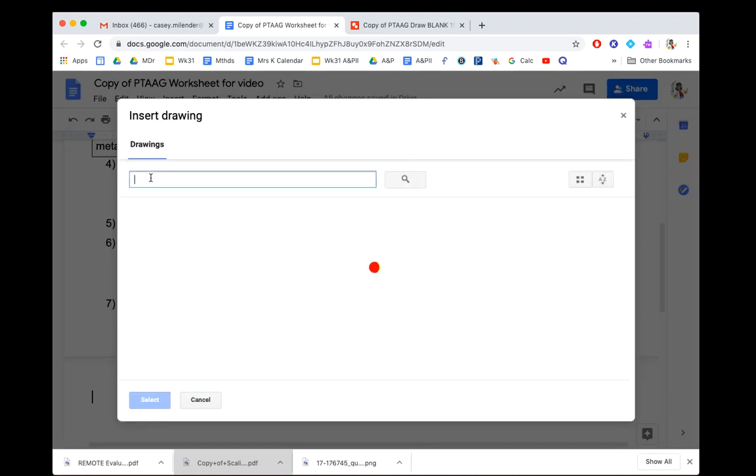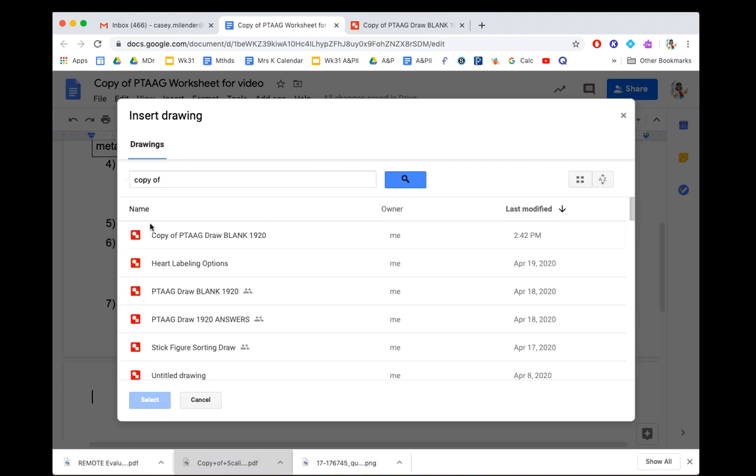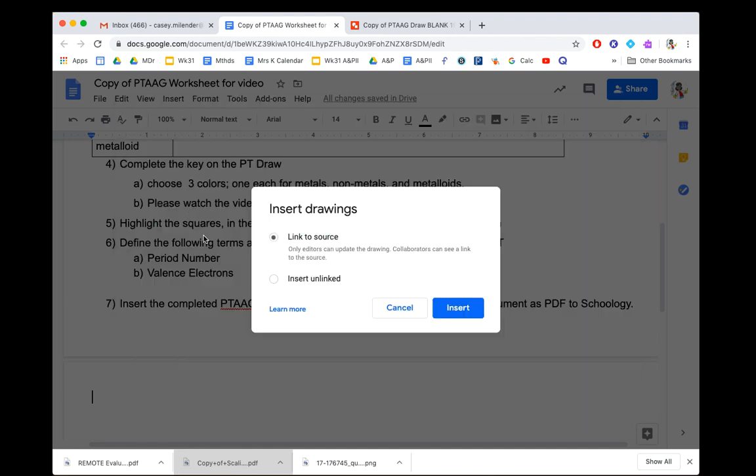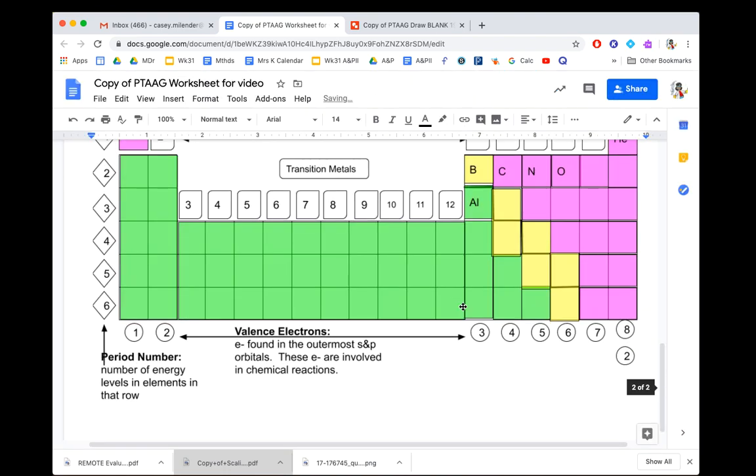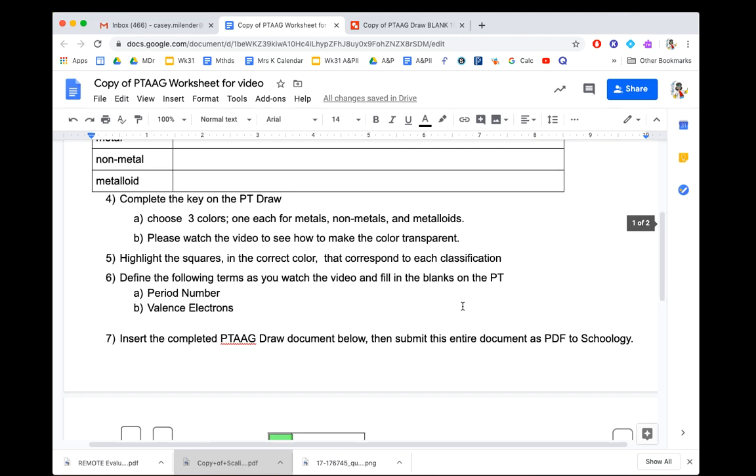So you would say, I guess mine is called copy of periodic table at a glance. So that's the one I want. You could probably keep it linked to the source just to make it easier to go back to it, but it doesn't really matter. And then you're going to insert it there, and there it is.